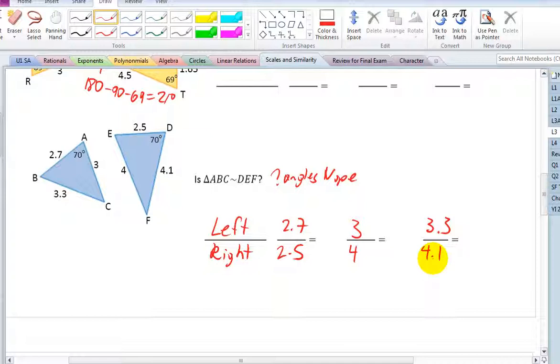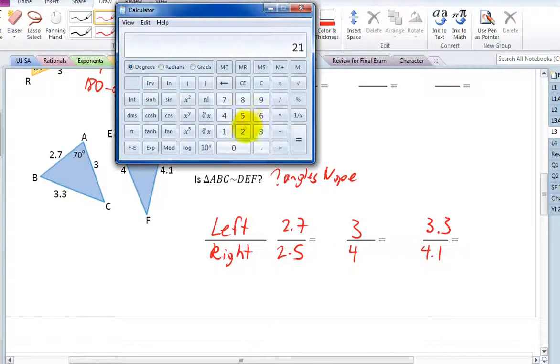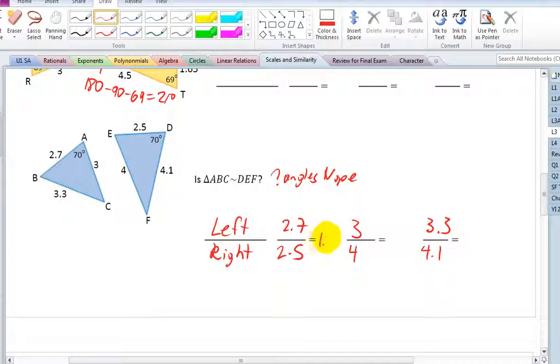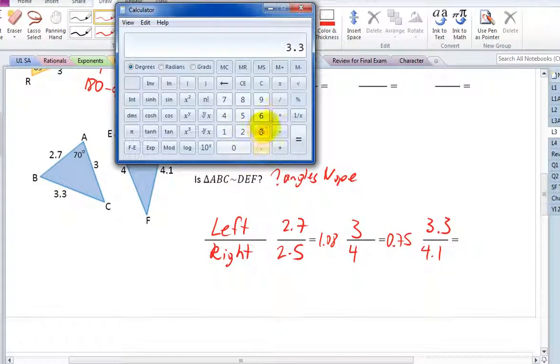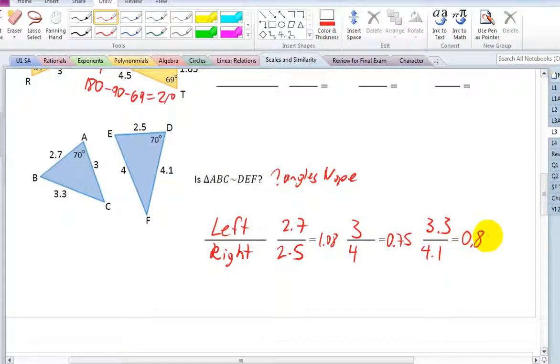4.1. Now what I want you to do is get me the decimal value of those ratios. So I just go 2.7 divided by 2.5. That equals 1.08. 3 divided by 4 is 0.75. And 3.3 divided by 4.1 equals 0.8.